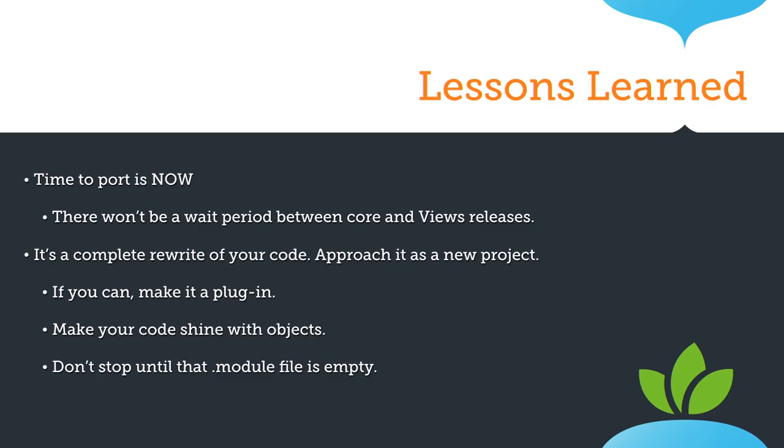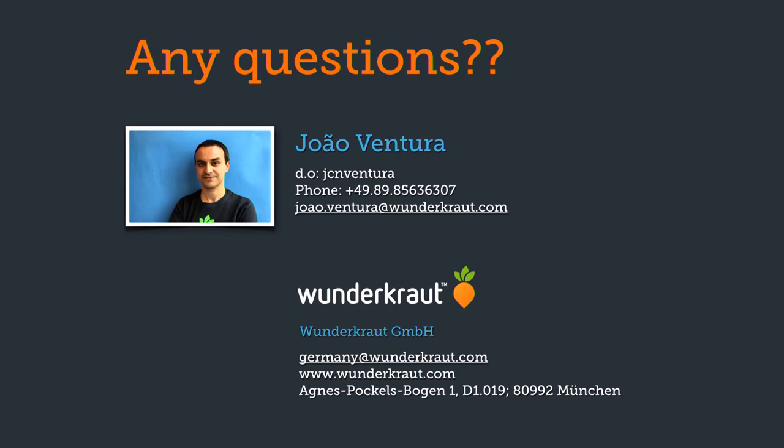You just start moving all that code into classes, and by the end of it, your module will be both better in terms of architecture and a lot nicer to work with. And that's it. Any questions?